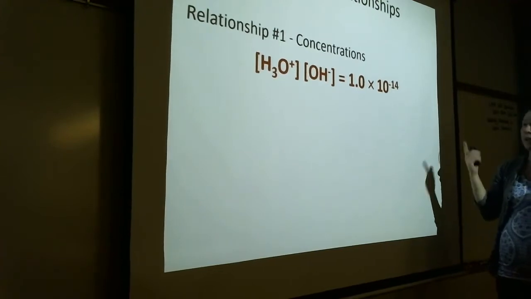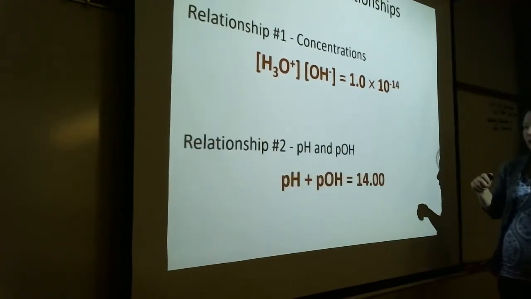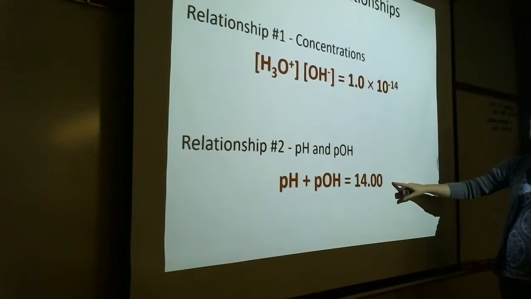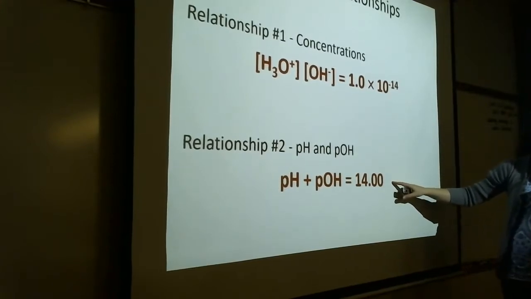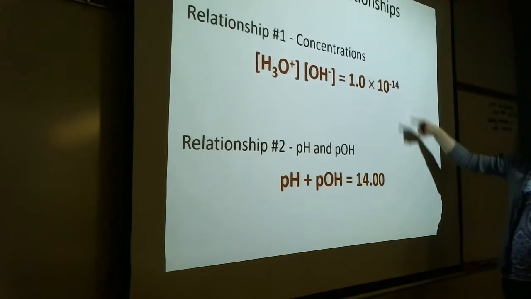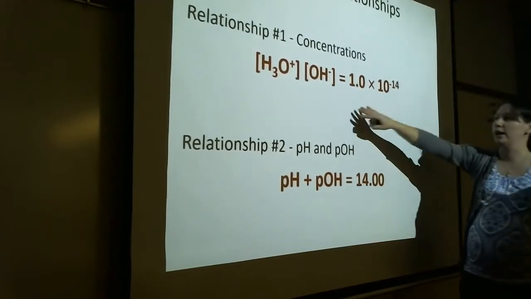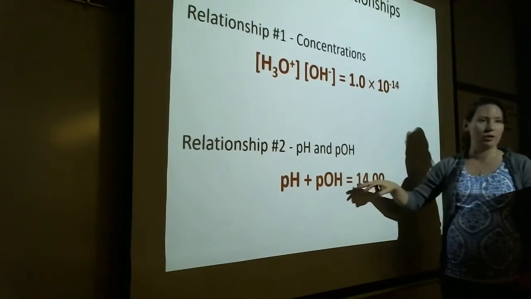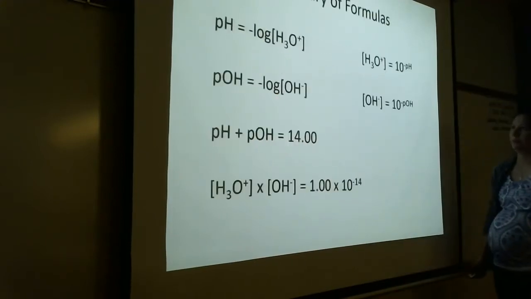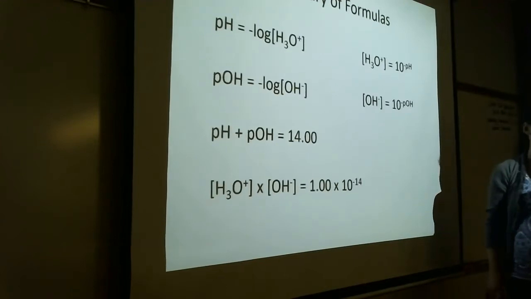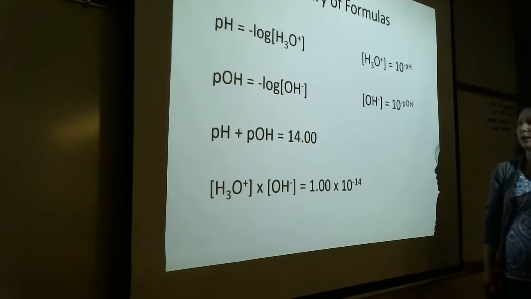Or what I just did, taking the negative log of everybody, get this version of it. pH plus pOH equals 14. So these are nice, significant relationships that I can use to convert hydroxide into hydronium or pOH into pH, and vice versa. So this is a summary of all our formulas that we've learned today. These are all our formulas that we've learned.